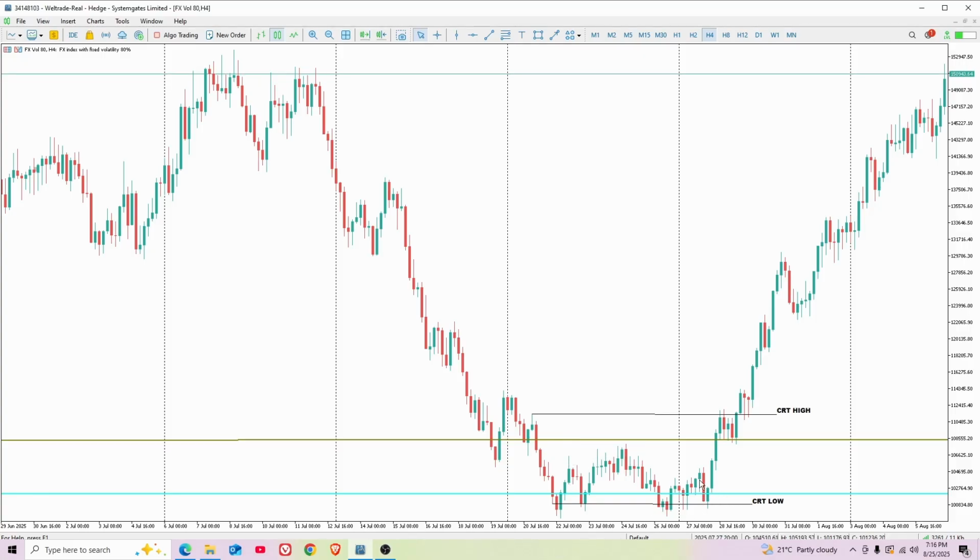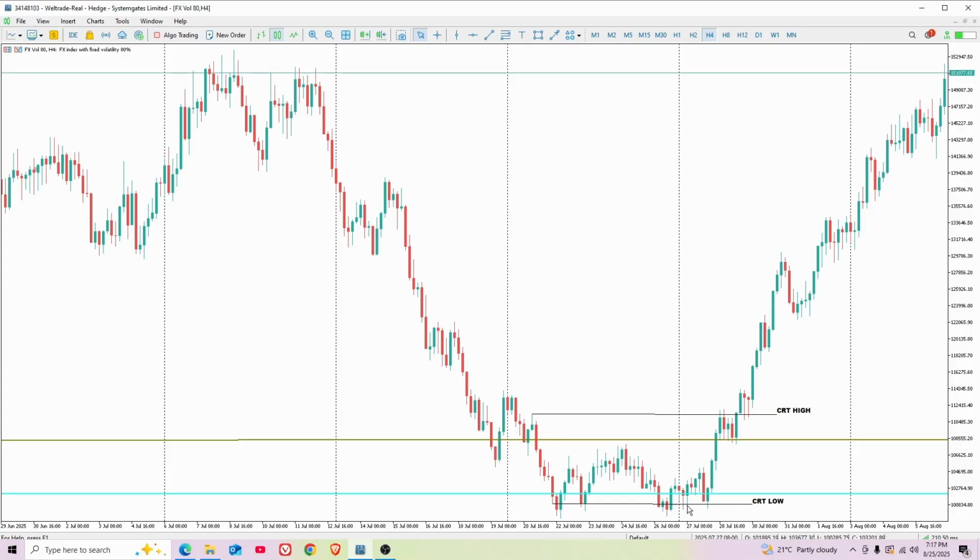In the 4-hour chart, we have a CRT high and CRT low. The CRT low was taken out and the CRT high at the same time. The market went high and came back into this order block, took out the high, came back, then swept liquidity below these lows, and then the market started moving higher. It came back in, tapped into that order block twice, and then we came out.